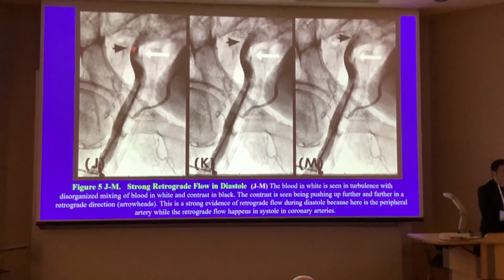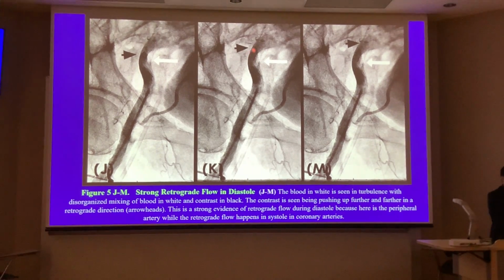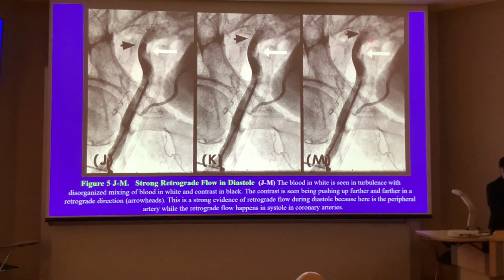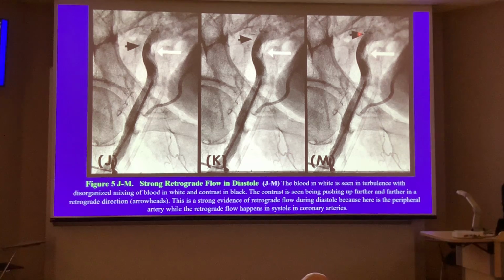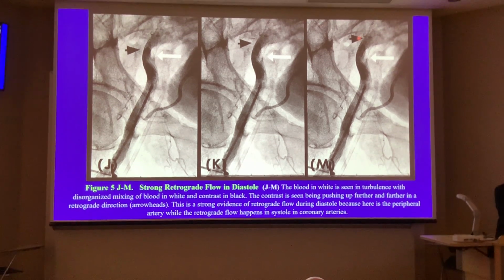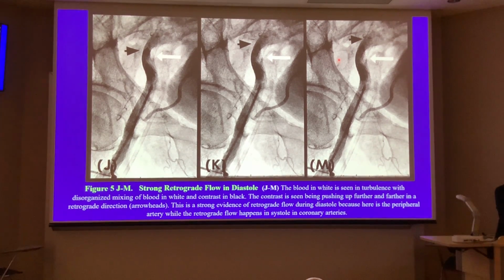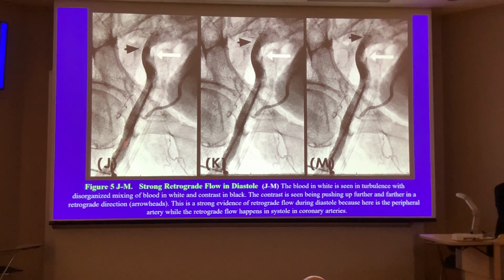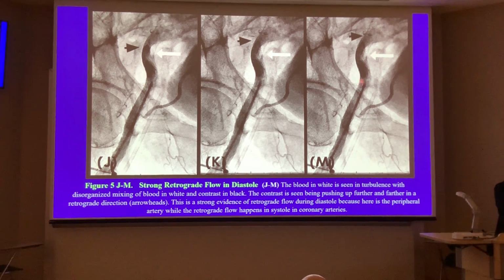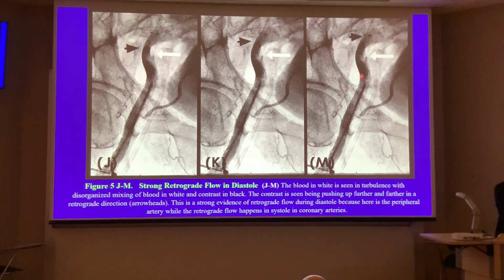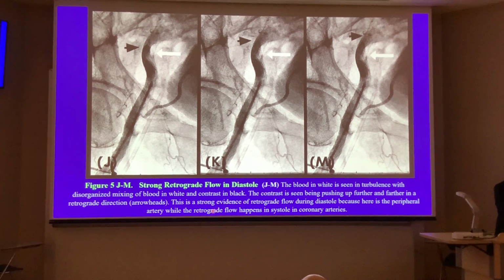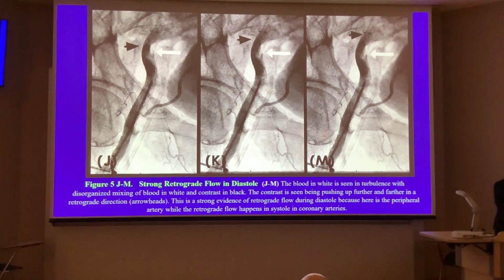The dark color stays at this position, moving up here and moving up here. So this is strong evidence of retrograde flow during diastole, because this is the iliac artery, a peripheral artery, and why does the retrograde flow happen in systole in the coronary artery?